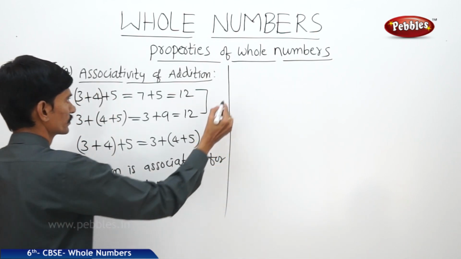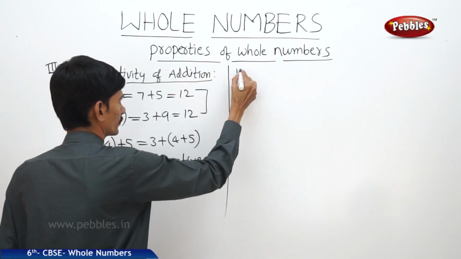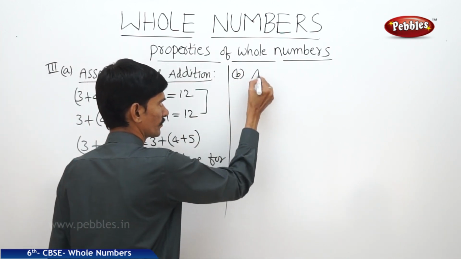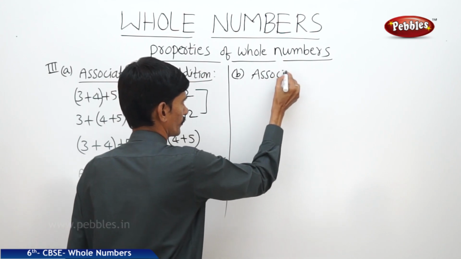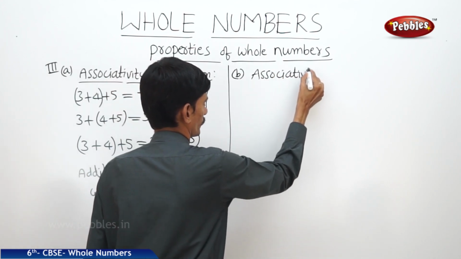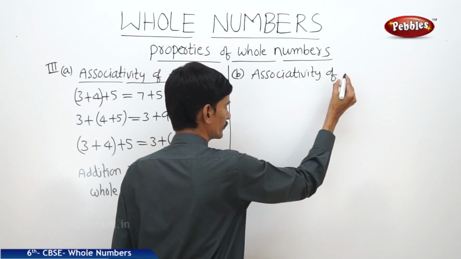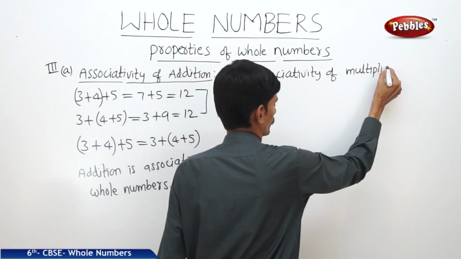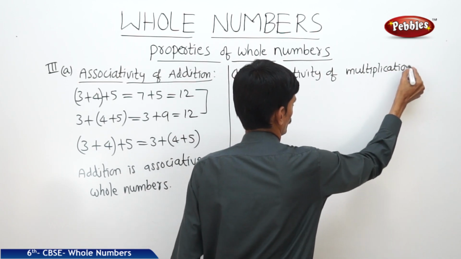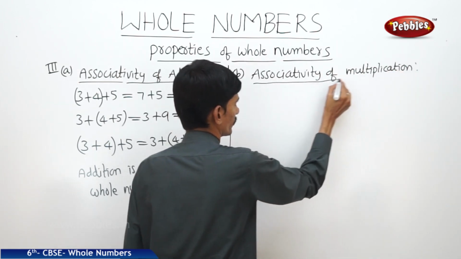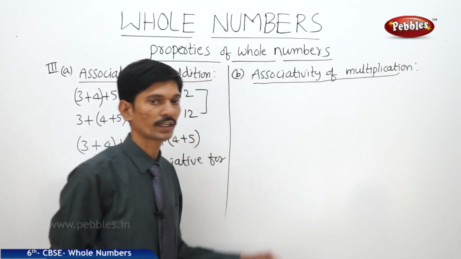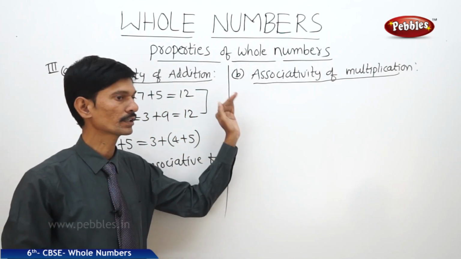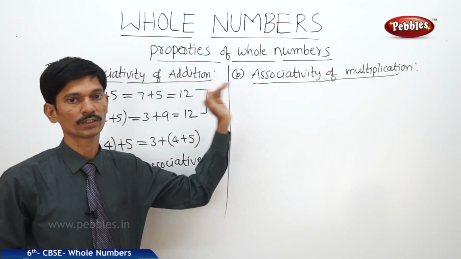Now the next one, associativity of multiplication. In this case also we have to take any three whole numbers and we will multiply two whole numbers, then the product is multiplied by the third whole number.